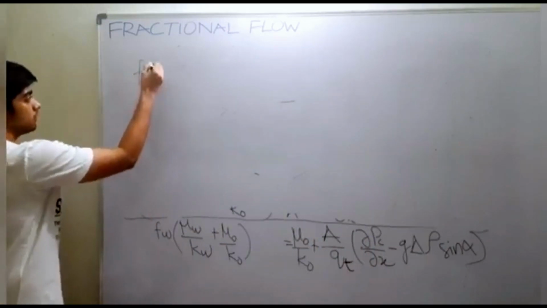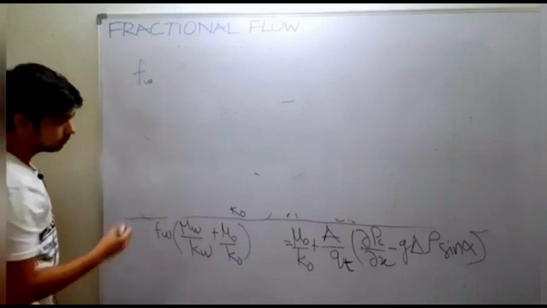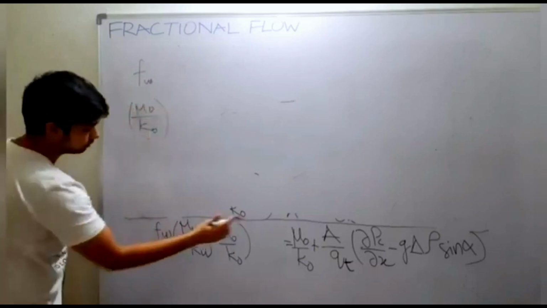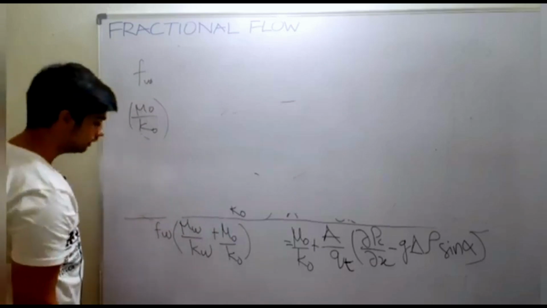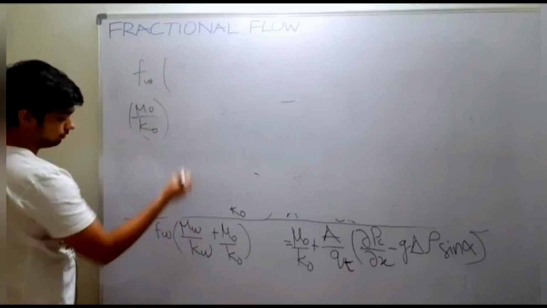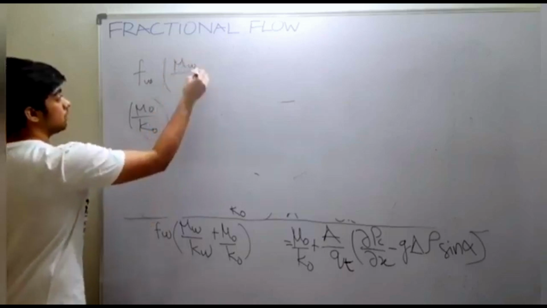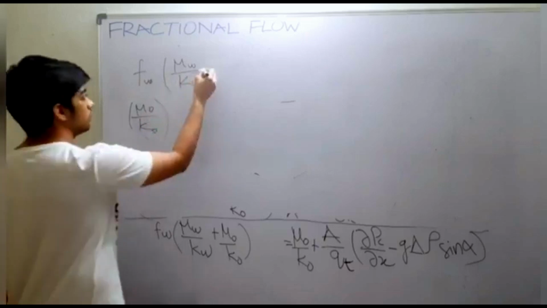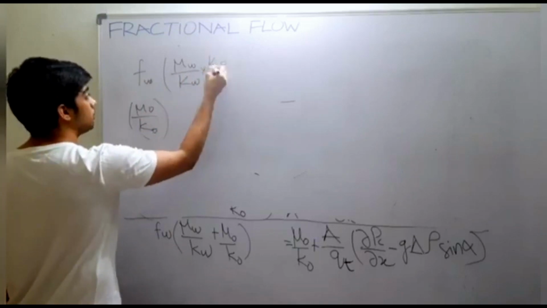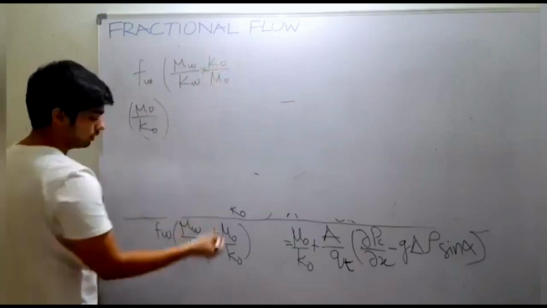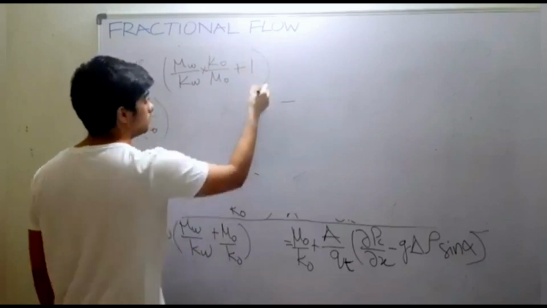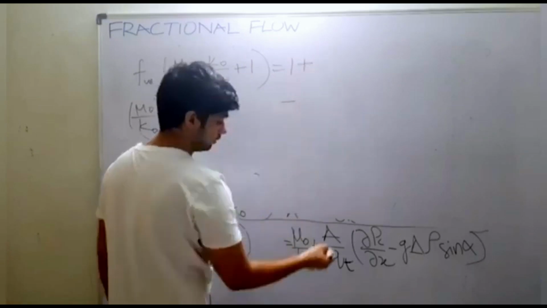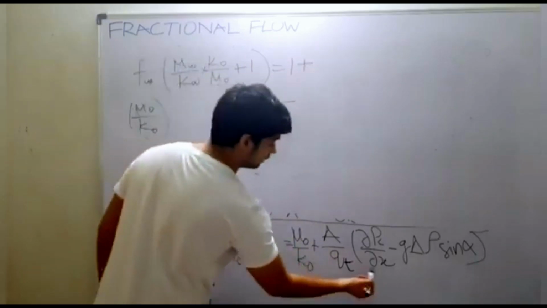So what we'll do next, we will divide the whole equation by mu o by ko. We'll divide this whole equation by this specific term on both the sides. So here, when we divide this by this, what will we get? Ko by mu, this will become 1. Similarly this will become 1 again, and this portion is getting divided by this term.